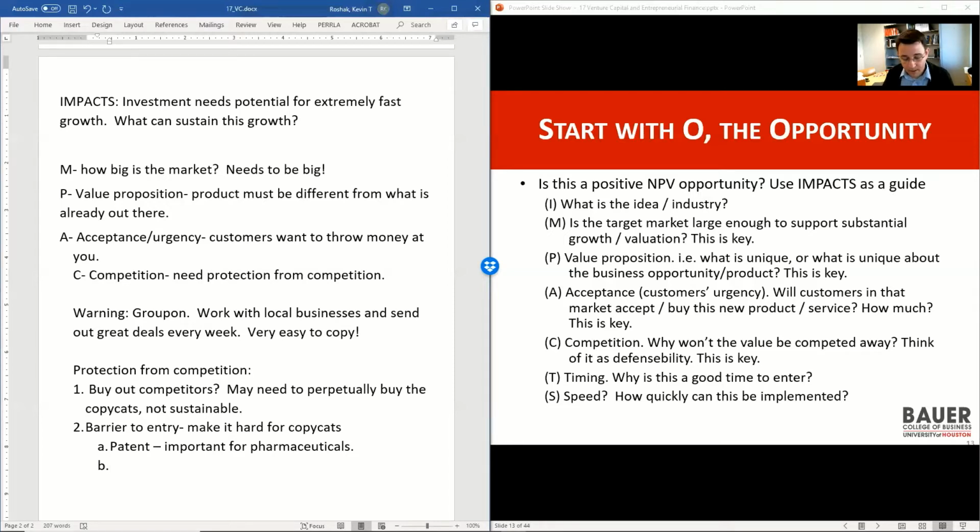Patents are particularly big with pharmaceutical companies and medical devices, things like that. It's not used very much in social networking, for example. Facebook, Snapchat, they don't have patents. You can copy these things. Twitter, people copy Twitter. There's various competitors to it.